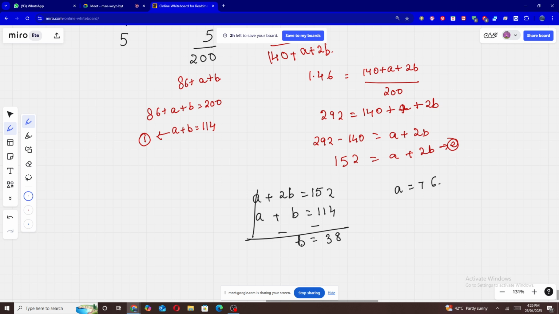Guys, are we done? Clear? Can I move to the next method? We are still finding mean only.